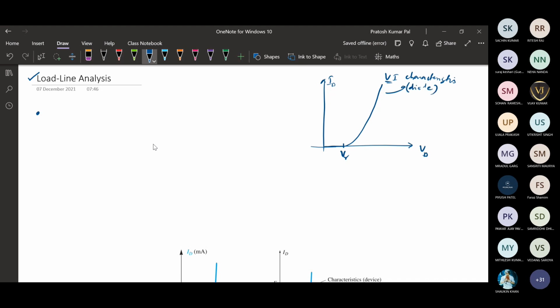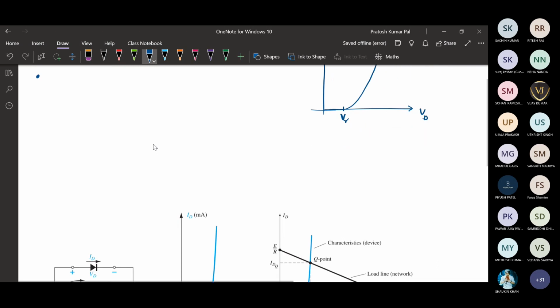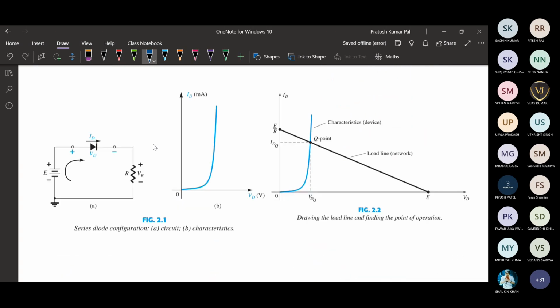in the forward case. But if a diode is used in a network, so in a circuit this diode is being used, we will first have a diode, and with respect to the applied input voltage, it will have current flow, either in forward or reverse bias.